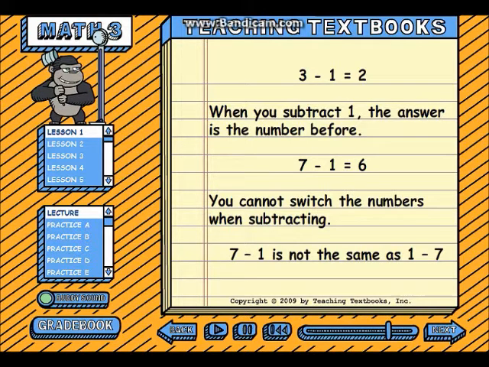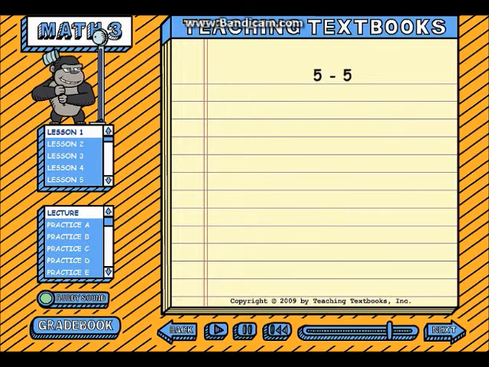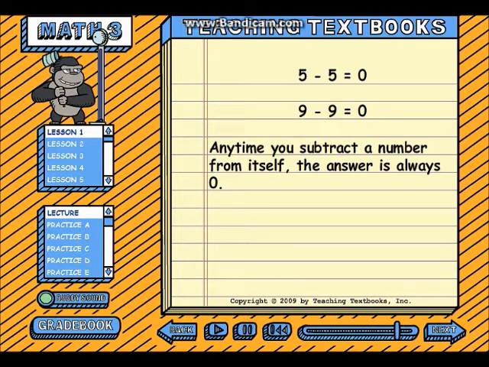Now let's do another kind of subtraction problem. What's 5 minus 5? That's right. Here's another one. What's 9 minus 9? Perfect. Anytime you subtract a number from itself, the answer is always 0. That's the rule.